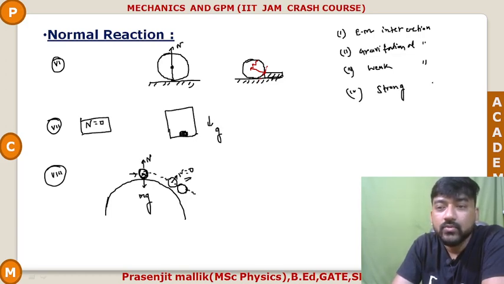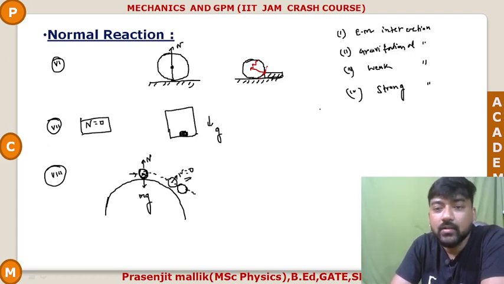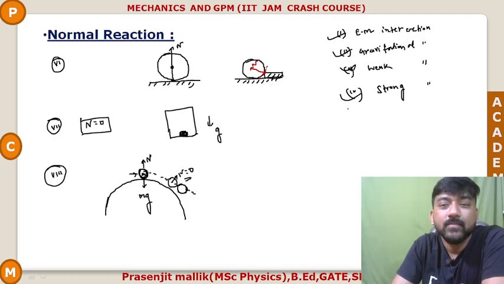So whatever force you can remember, whatever force you can tell, it will lie in any one of these categories. So this normal reaction is a class of electromagnetic interaction.